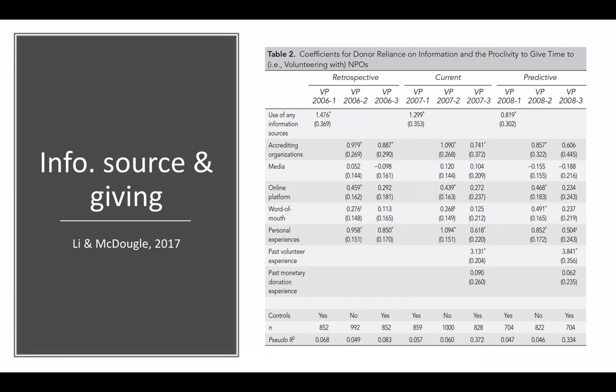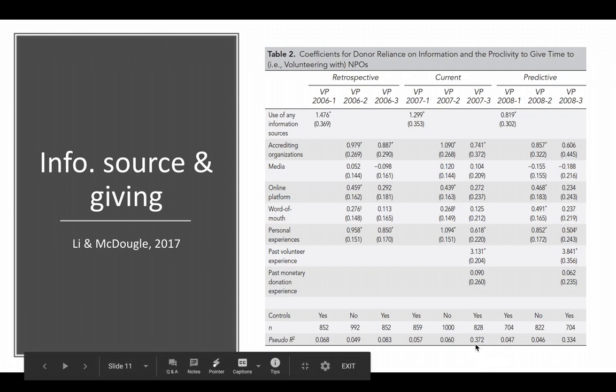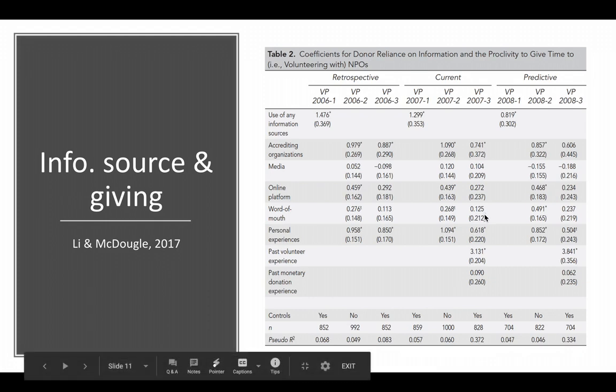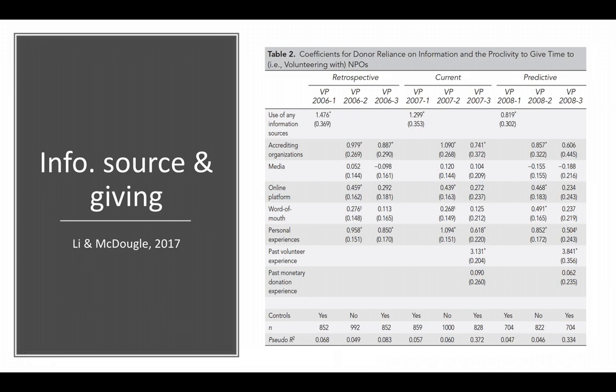But anyway, the number is 0.372, which means 37.2% of the total variation can be explained by the model. So generally, we would say this is probably an acceptable model, right?